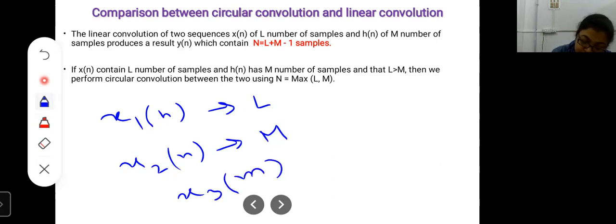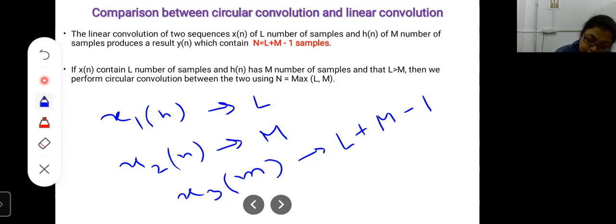The length of x3(m) should be L plus M minus 1.